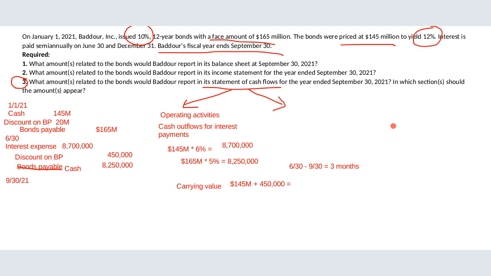I promise on the exam not to have so many zeros. That usually leads to confusion and mistakes. All right, so this is a new carrying value. And for the interest expense, we're going to take this carrying value, multiply by 6%, divided by 2, right?